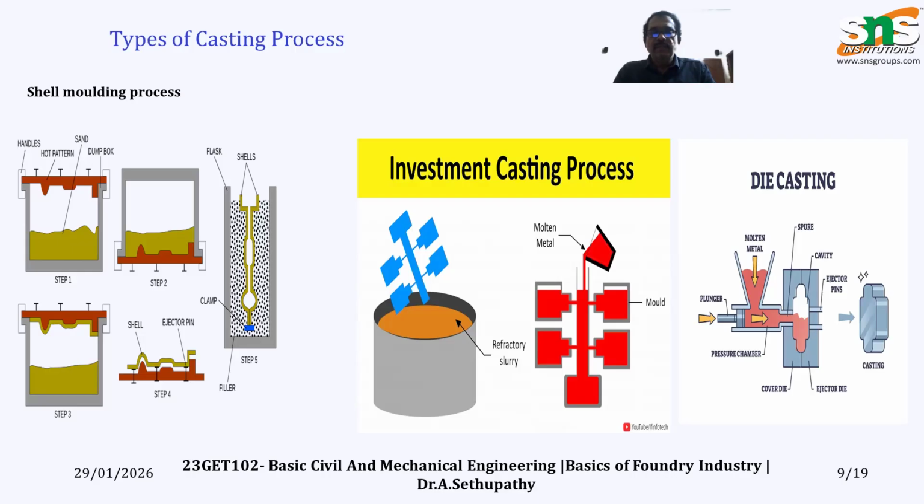Ceramic powder is mixed with water to get a consistent ratio, and we assemble the wax patterns on a single bar. The single bar has a provision for the metal pouring areas. Then it is dipped into the slurry.